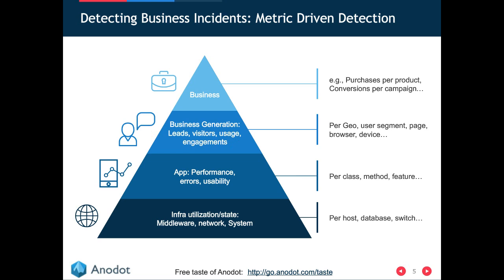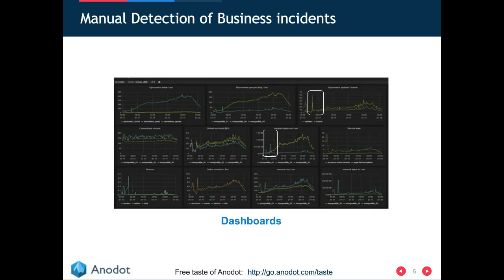In a lot of cases, people detect business incidents manually, looking at dashboards, which is a common thing that a lot of people do. So you put up a few graphs and have people gaze at dashboards and then detect with their eyes that there are all sorts of strange patterns and react to them. Another way is to set static thresholds on your metrics.